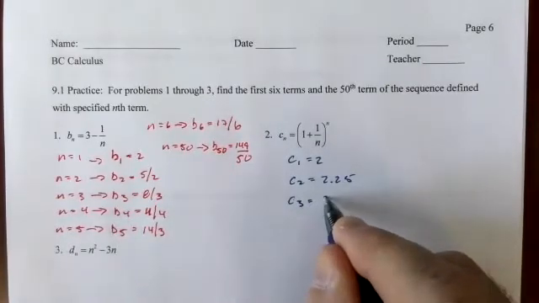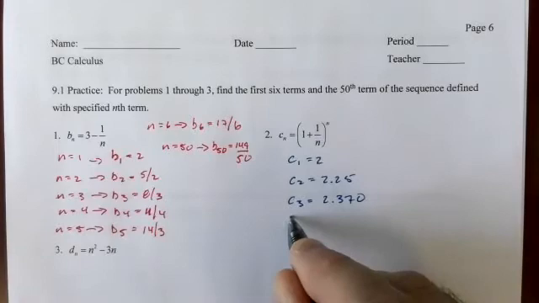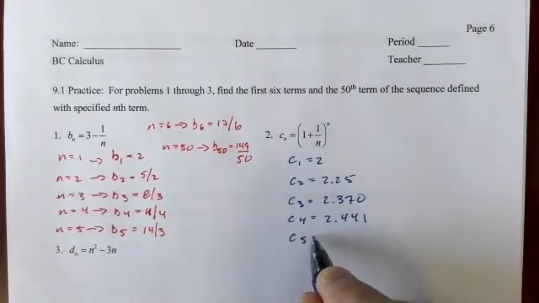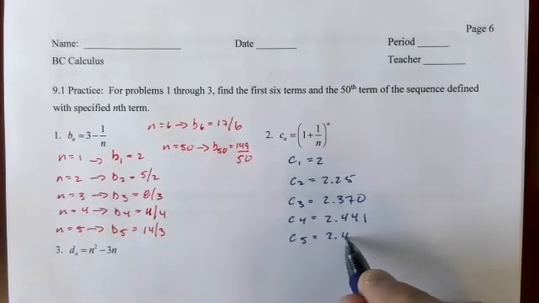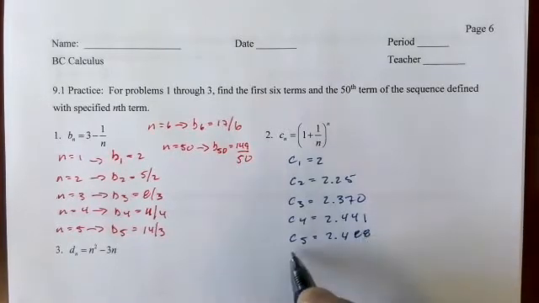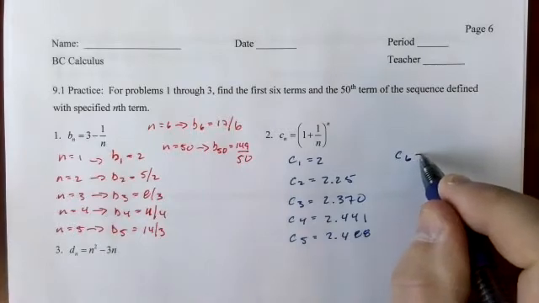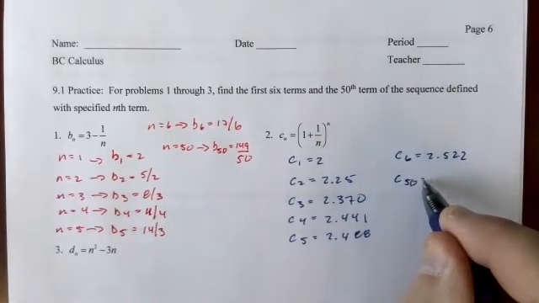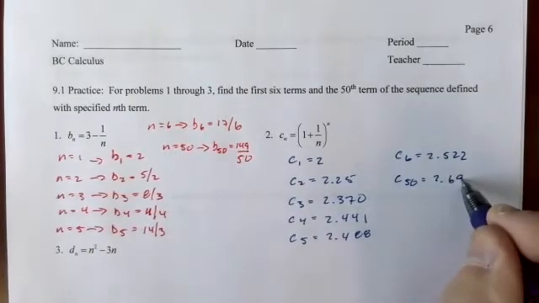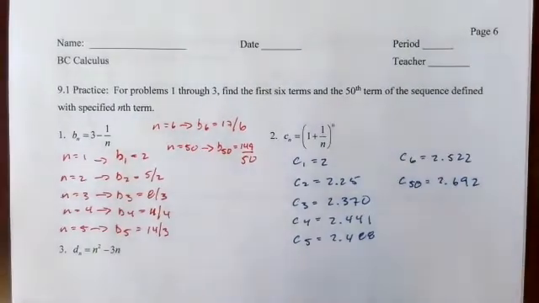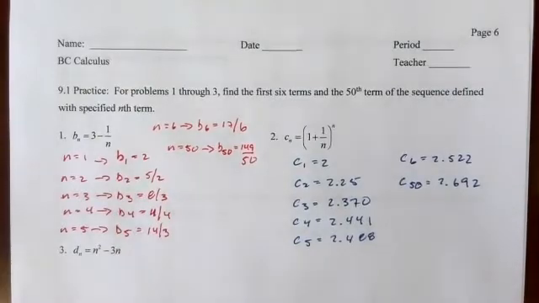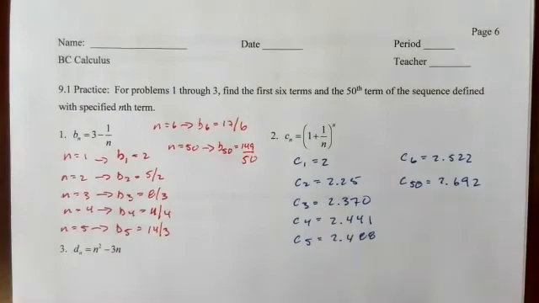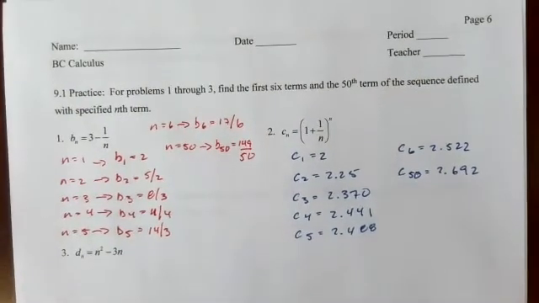C3 equals 2.370, C4 equals 1, C5 equals 2.488, C6 equals 2.522, and C50 equals 2.692. This seems to be getting closer and closer to something called e. Wow, that's weird. I have to do a really big number and see if we get 2.718 another time.